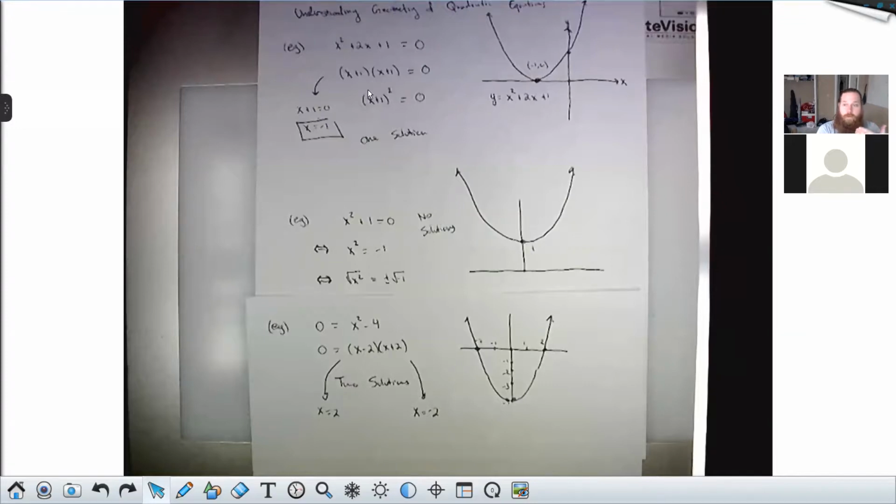But wouldn't it be nice if there's some way for me to tell without going through that process? And is there some connection to the geometry of the graphs that could help us understand why there may or may not be solutions? It's a math class, of course, the answer to both those questions is yes. This is where that thing called the discriminant comes in.